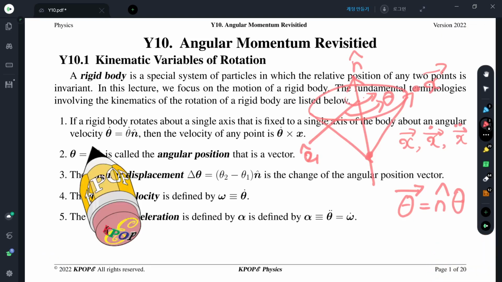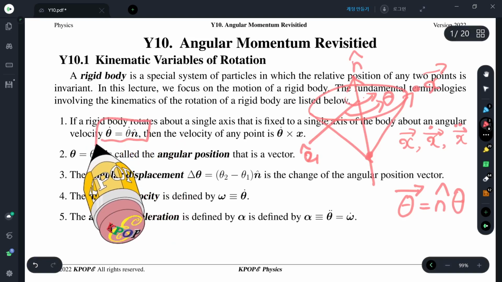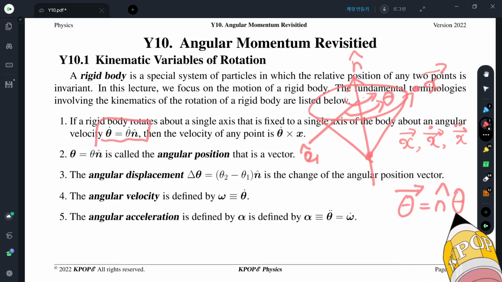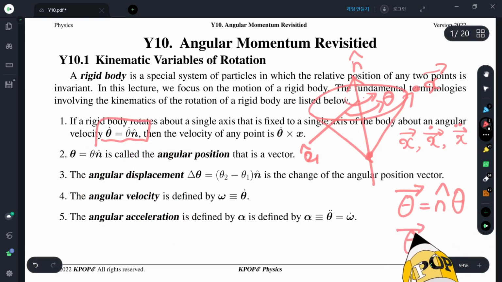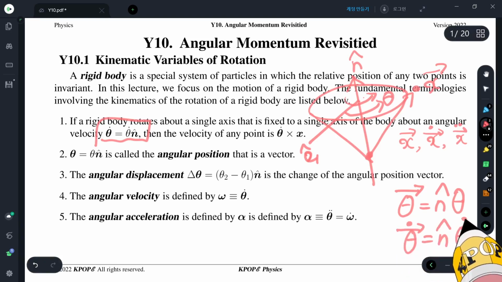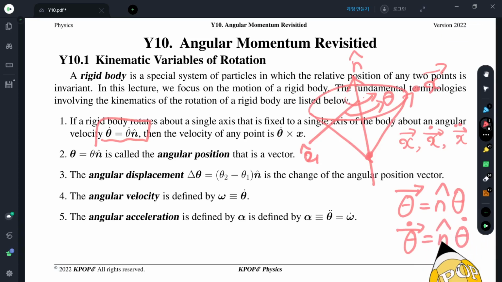The angular velocity is the time derivative of this angle vector. We assume, in general, this direction may also change, but in general physics, we consider the case when the unit vector along the axis is fixed.